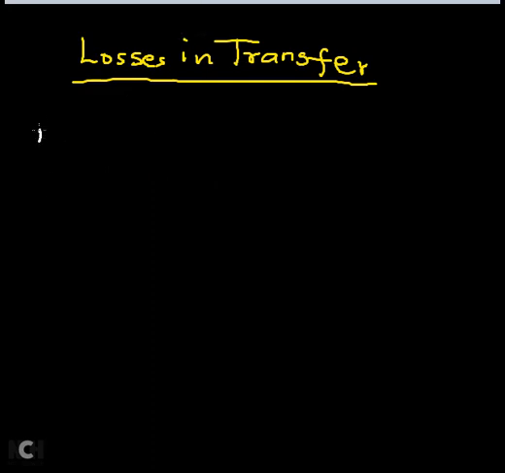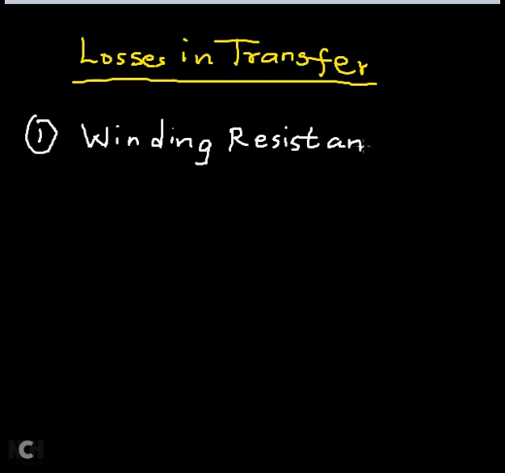One of the losses is found in the winding of the transformer, so winding losses. These winding losses are due to the resistance of the winding, because the wire that is used for the core of the transformer is copper wire.